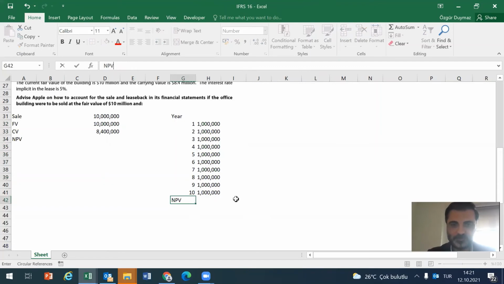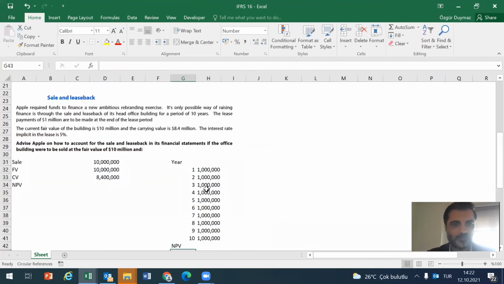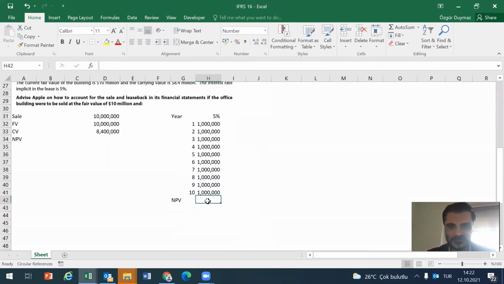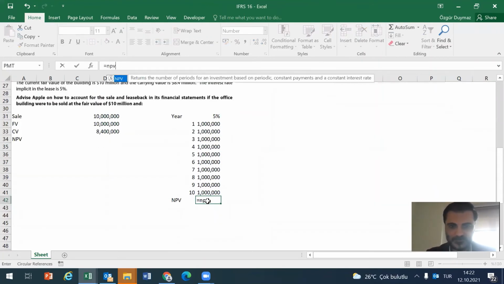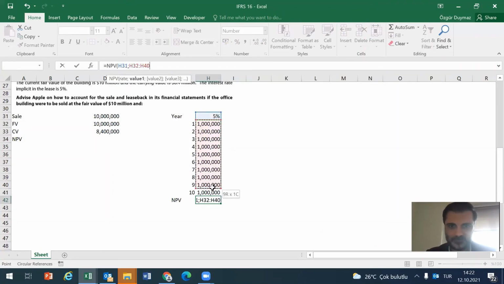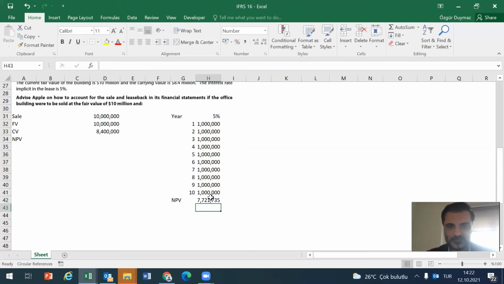Yes, net present value at 5%. Yes, 7.7. Let's round it.